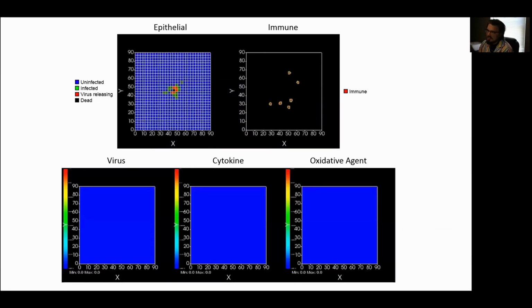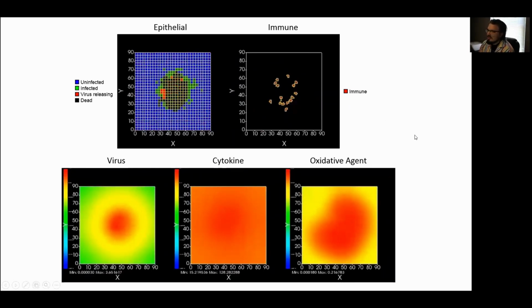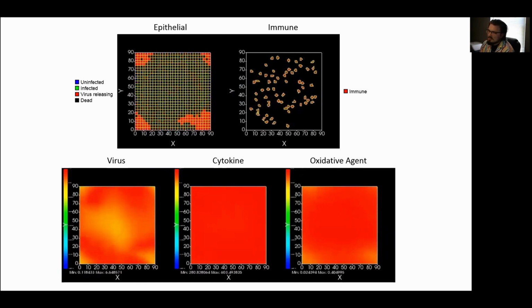This is what it looks like. Up top, this is just the cell populations. And now here is with all 3 diffusive fields.